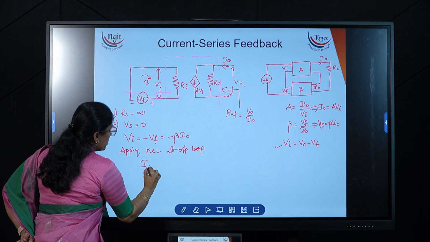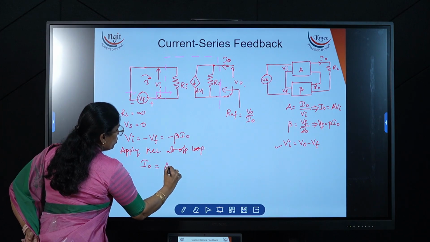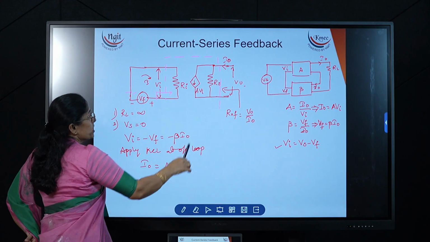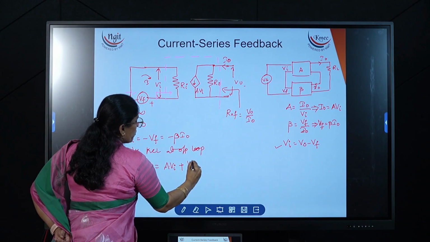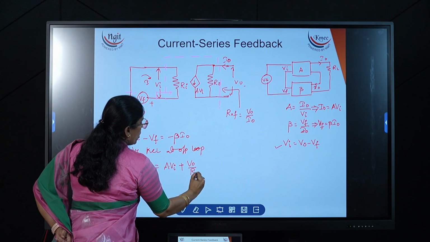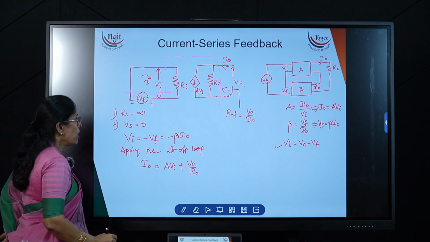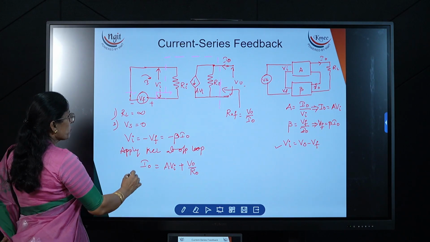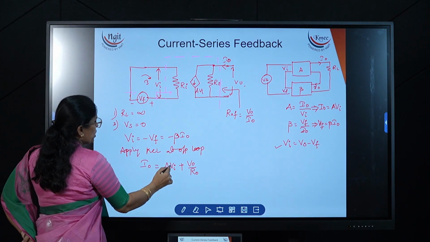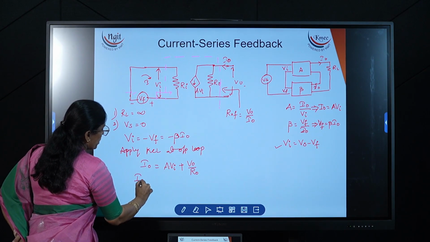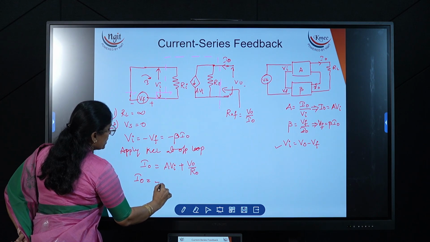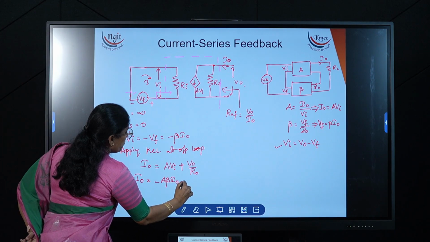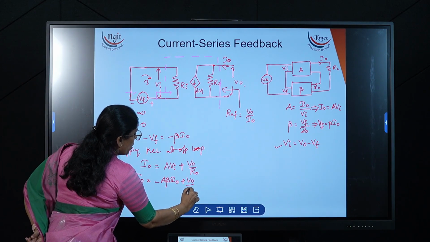So I naught is equal to A into Vi plus the current flowing here, which is V naught divided by R naught. Since Vi is minus beta I naught, I naught is equal to minus A beta I naught plus V naught by R naught.